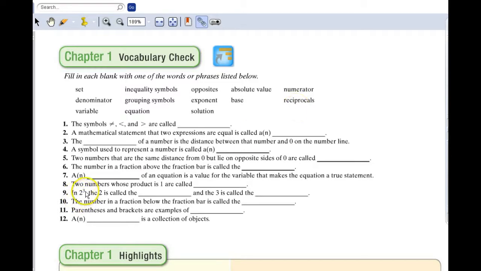In 2 to the third, the 2 is called the base, and 3 is called the exponent. The number in a fraction below the fraction bar is called the denominator.